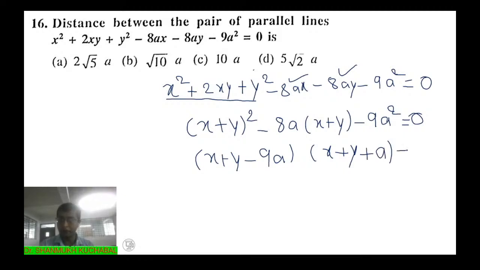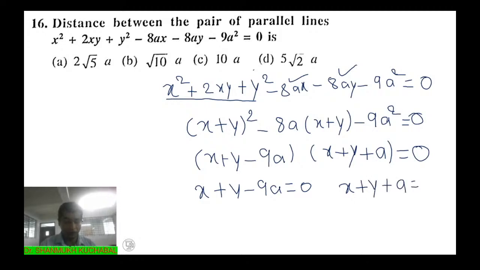If you simplify further, we get these two factors. So now the first factor equated to 0, we get x plus y minus 9a equal to 0, and the second factor equated to 0, x plus y plus a equal to 0.